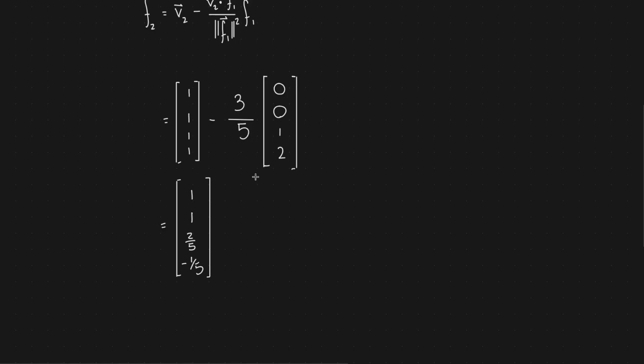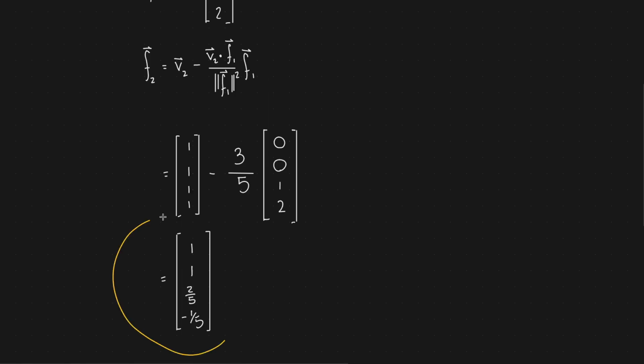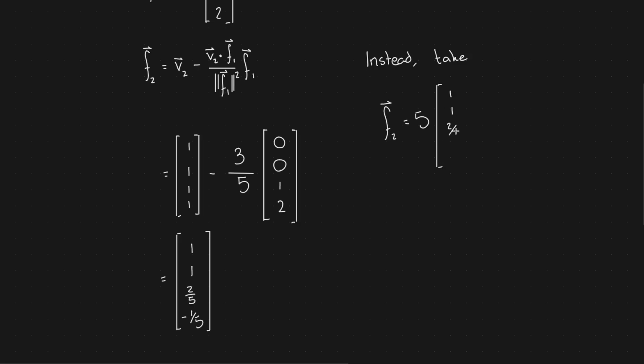So what I could do, instead of taking F2 to be 1, 1, 2/5, negative 1/5, just to make the numbers a little bit nicer, is take F2 to be 5 times 1, 1, 2/5, negative 1/5. And so I'm going to get 5, 5, 2, negative 1.